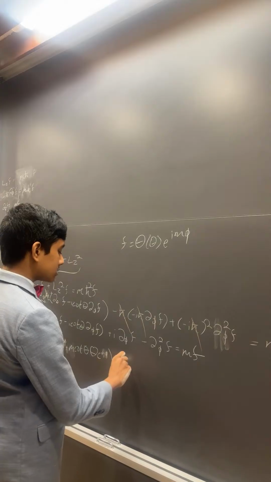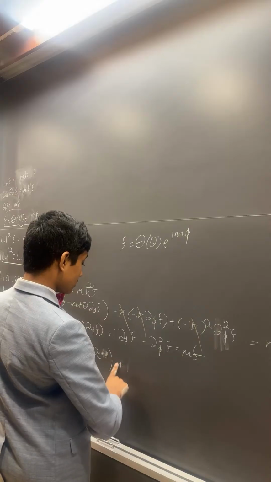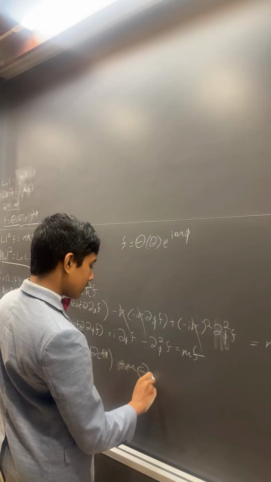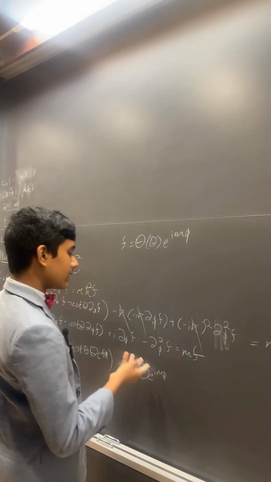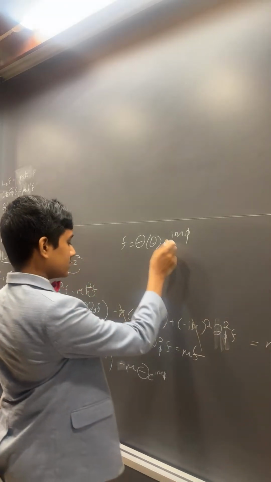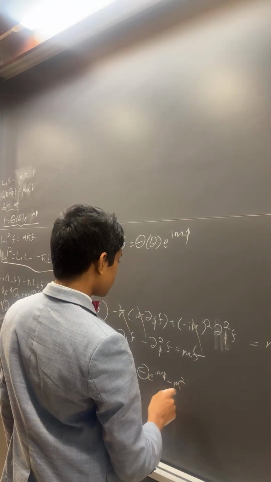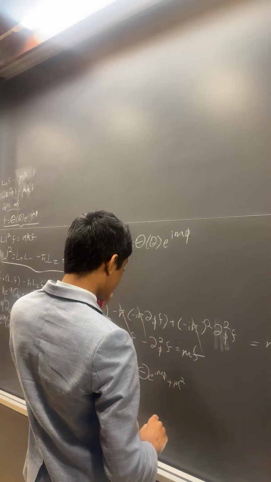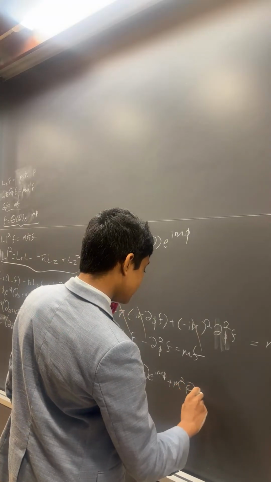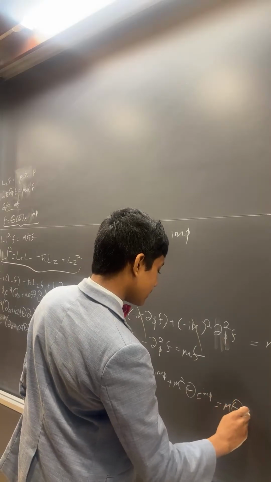Then you have plus i partial phi of f, which is going to give us minus m multiplied by theta e to the i m phi, and then minus partial phi squared is going to give us, well, this is going to come down twice, so minus m squared multiplied by, and this is actually going to become a plus because of the i squared, theta e to the i m phi is equal to m theta e to the i m phi.